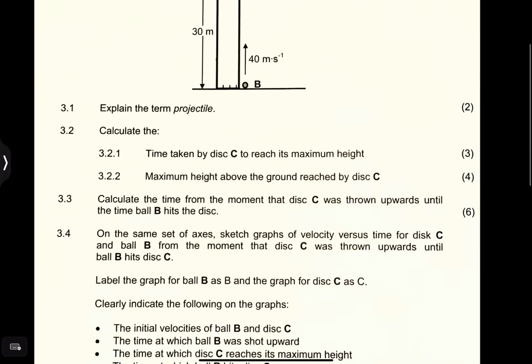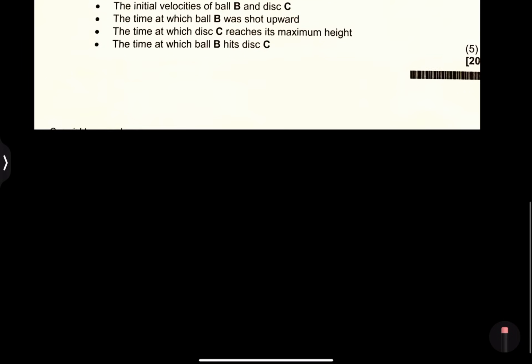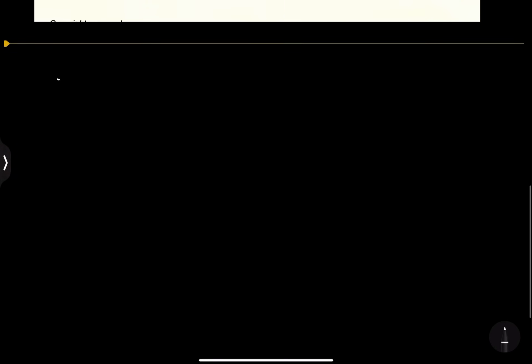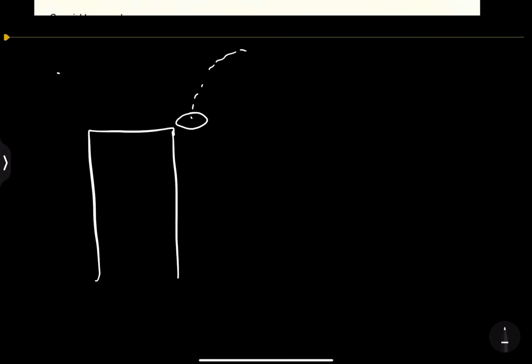Now, what I want us to do, ladies and gents, is to try and redraw this structure, the building, here. If we've got a disk here, we know they threw it upwards.